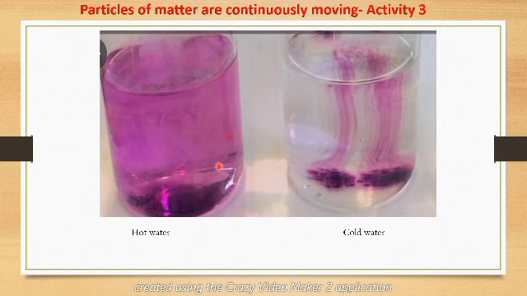After some time, we observe that the whole of this hot water has become purple because of the potassium permanganate crystals. But the cold water is not changing to purple. Only partially it has become purple.